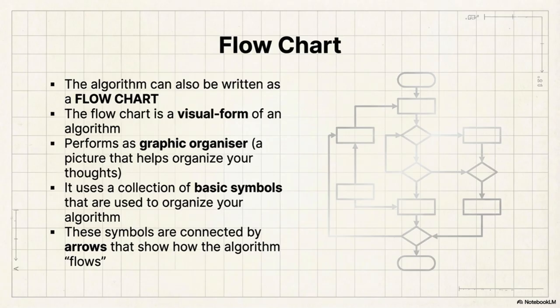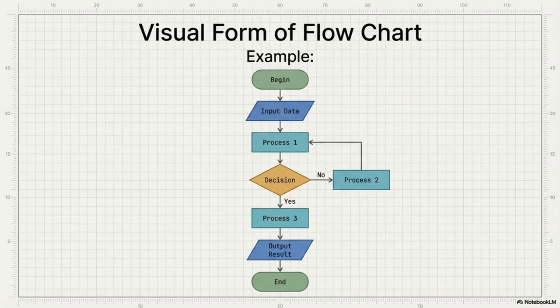And lastly, we have like a diamond shape which represents a choice or a yes or no path. So this is how the visual form of flowchart looks like. Okay.